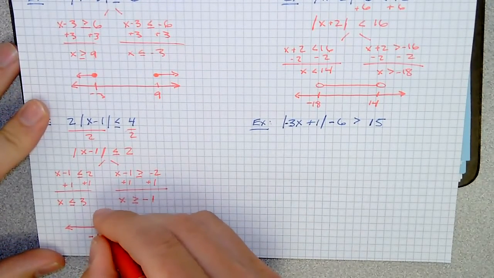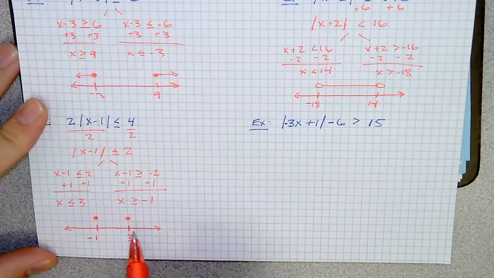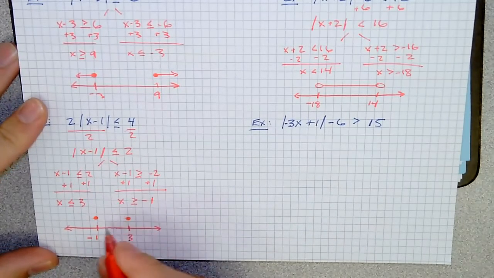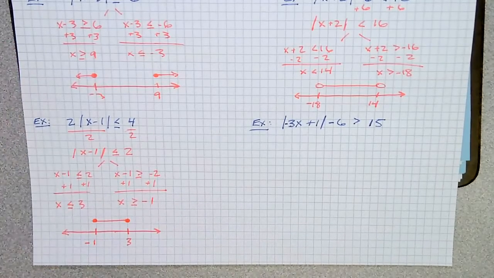Should be using closed dots. Less than 3 goes to the left, greater than negative 1 goes to the right. Okay, so I have a small set of numbers that will work for that inequality.